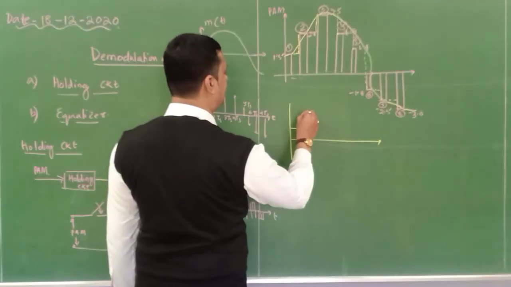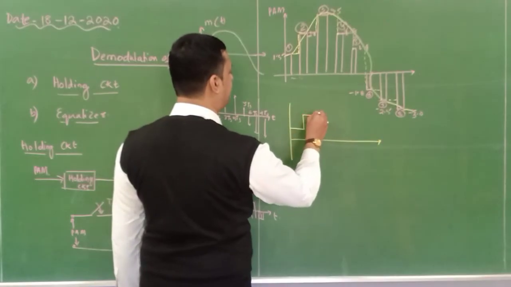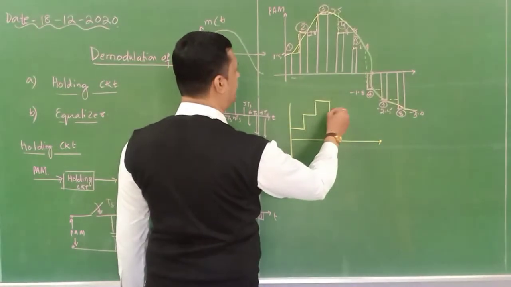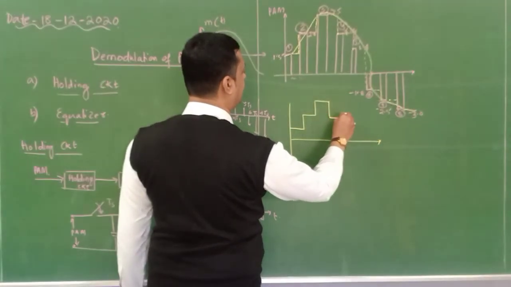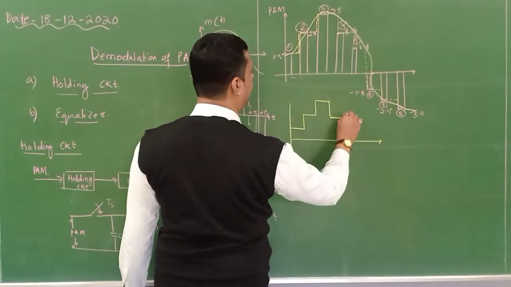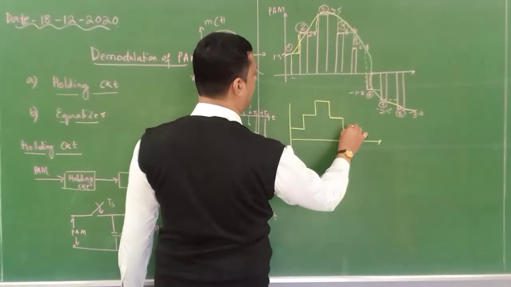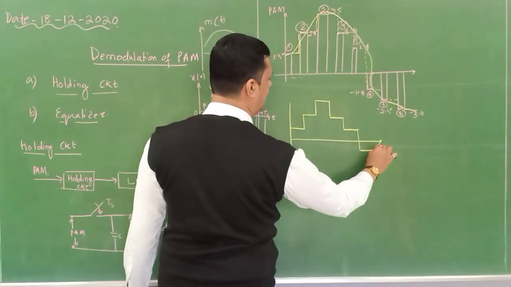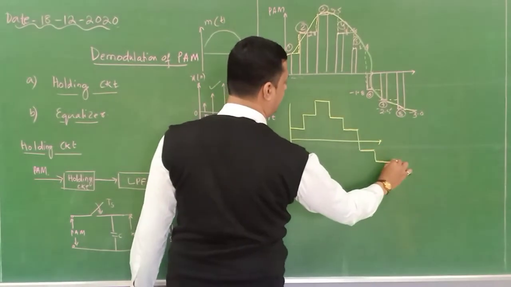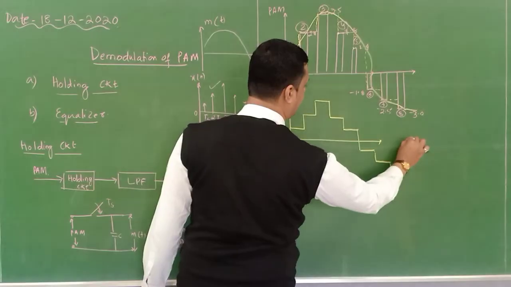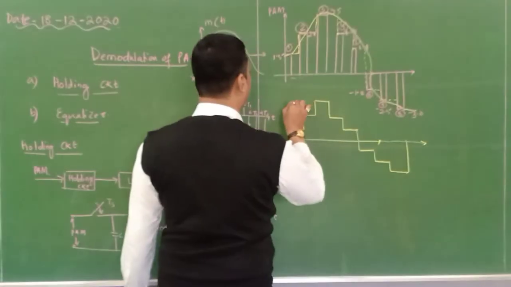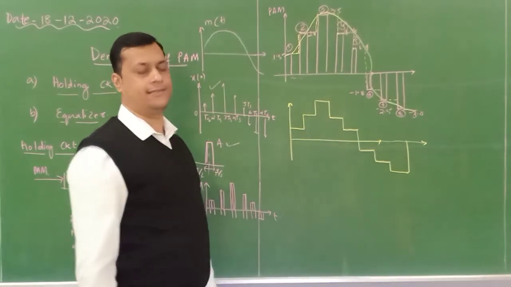This is the first step, the second step, the third step, then the fourth step, then the fifth step. Then it comes down, sixth step, then the seventh step, then the eighth step, and then it ends. So this is my output of a holding circuit.